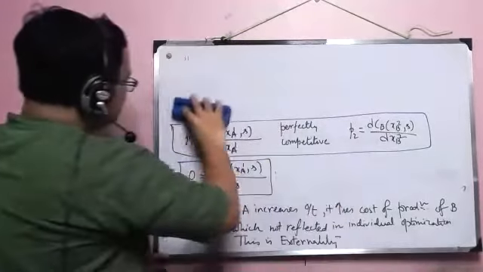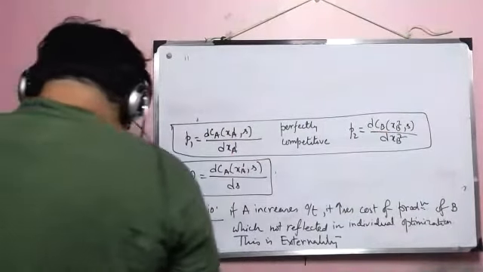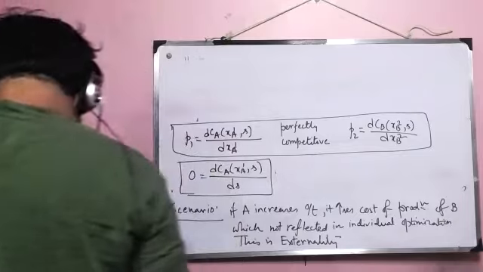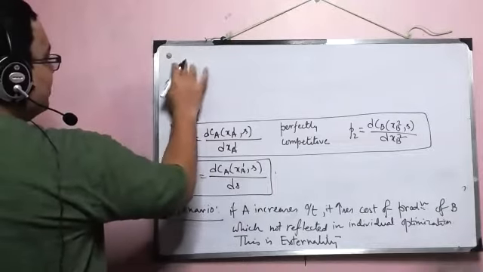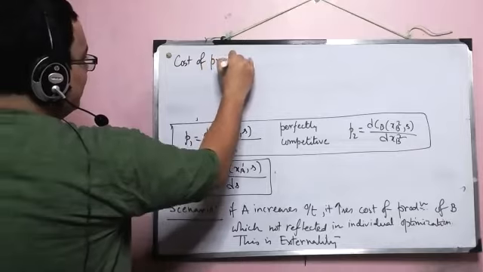Now that brings us, as I was saying, to two kinds of costs that we need to consider. The cost of production of A has two natures.